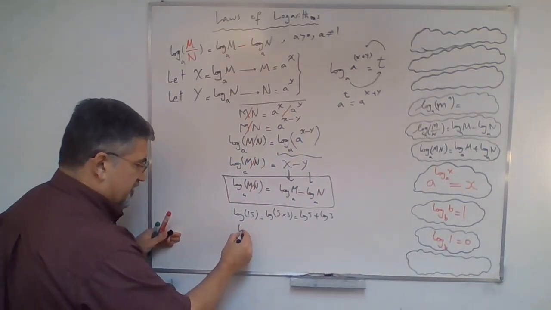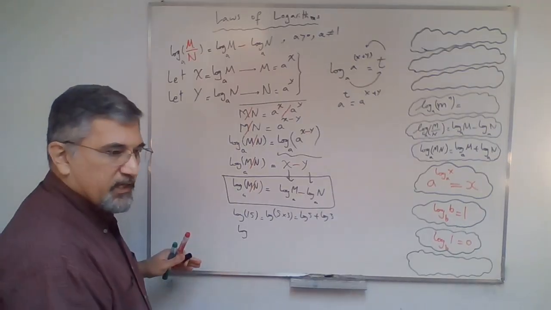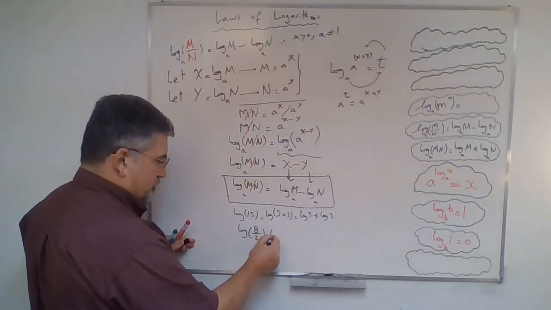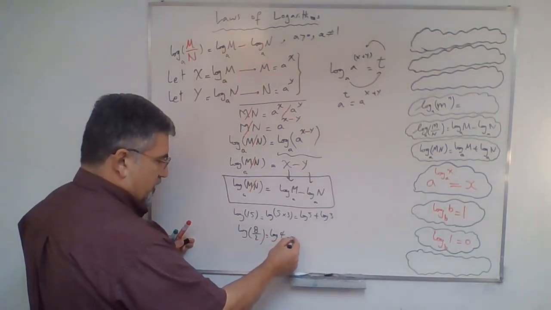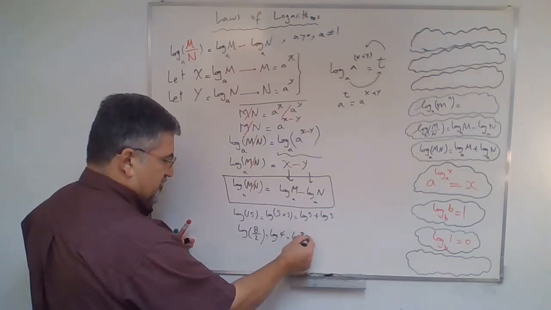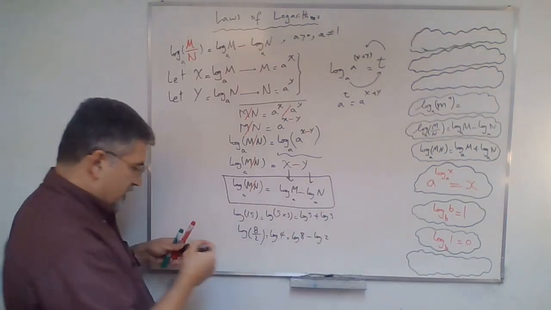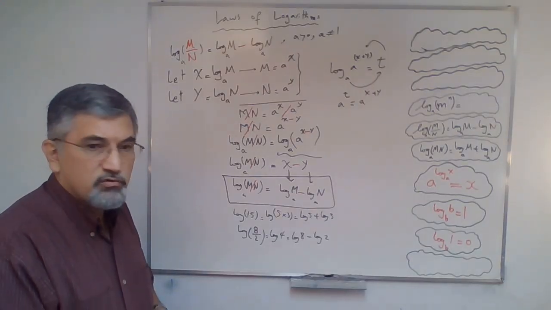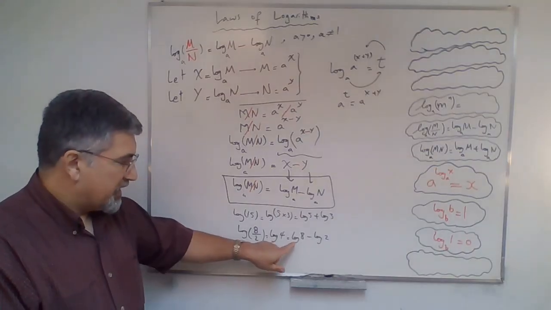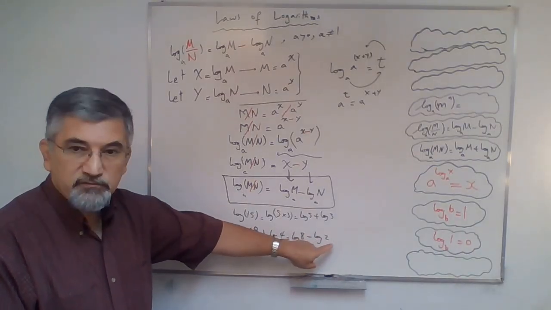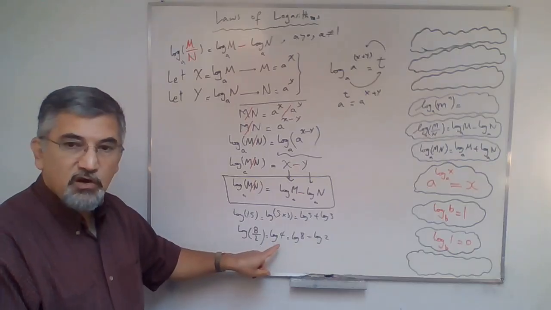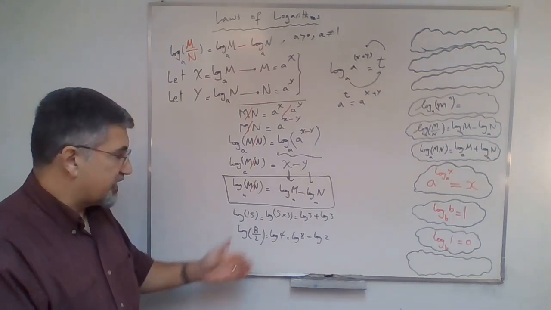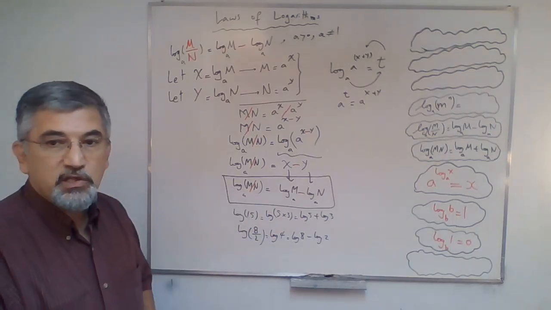As an example, I can say log of 8 over 2, which is log of 4, is equal to log of 8 minus log of 2. You can simply grab your calculator, either use the ln button or the common logarithm key, and punch in log of 8 minus log of 2, and check to see if it is equal to log of 4 or not. And later you'll tell me that it is equal, and that shows that this quotient law of logarithm is valid and correct.